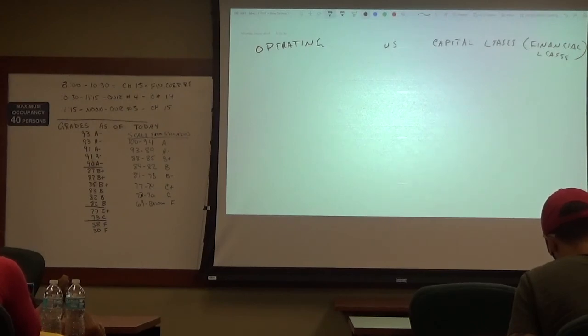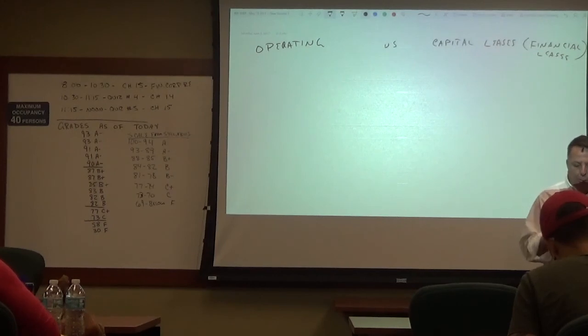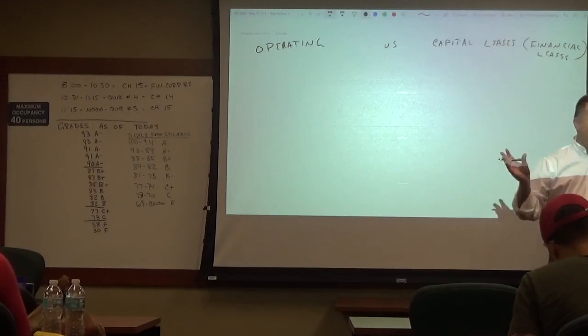A capital lease is typically a long-term lease, number one. Number two, it is a lease whereby you're obligated to make payments on this lease pretty much with really no way out, so to speak.